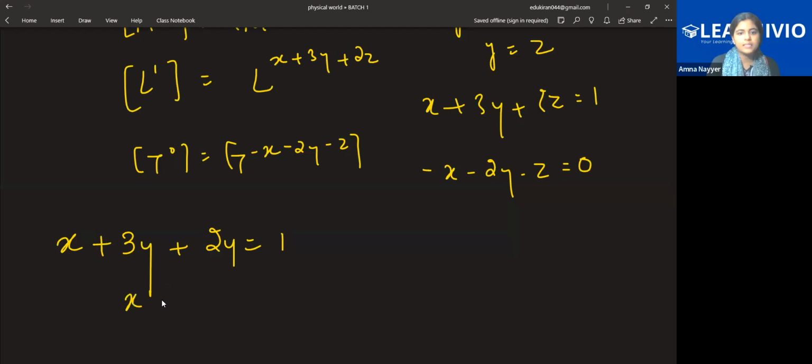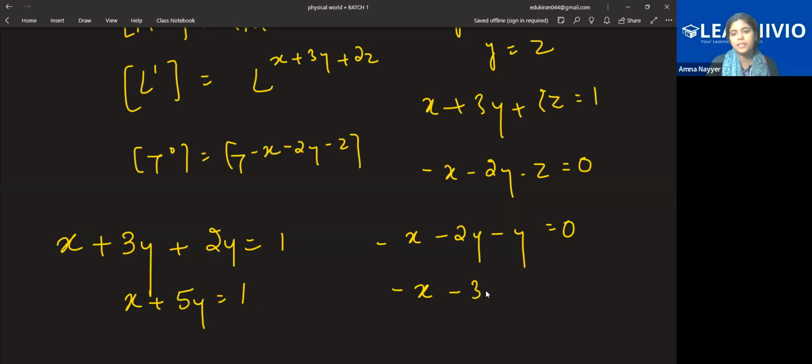This is x plus 5y is equal to 1. This is minus x minus 2y minus y. I'm replacing z with y because both are equal, equal to 0. So this is minus x, this becomes minus 3y, right? This is minus 3y is equal to 0. So x is equal to 3y from here.